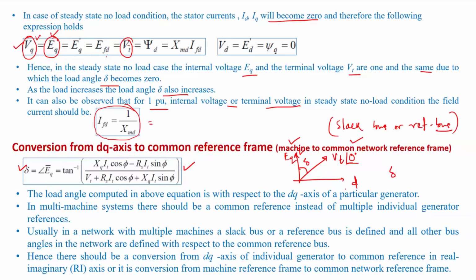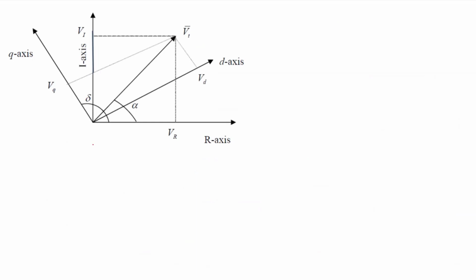So for that, a reference bus will frame a common reference having a real and imaginary axis, and then we'll convert this DQ axis to the common reference frame. So now we can see here this VD and VQ show the DQ axis of a particular generator or particular machine, and this R axis and I axis indicate the real and imaginary axis for the reference bus.